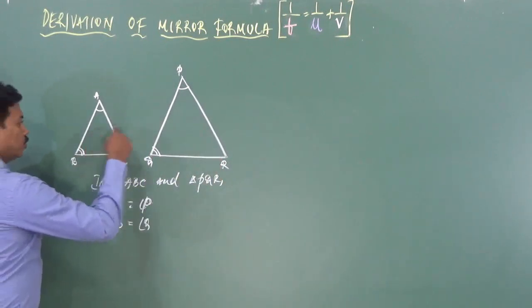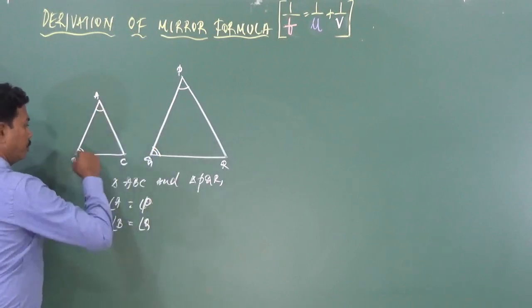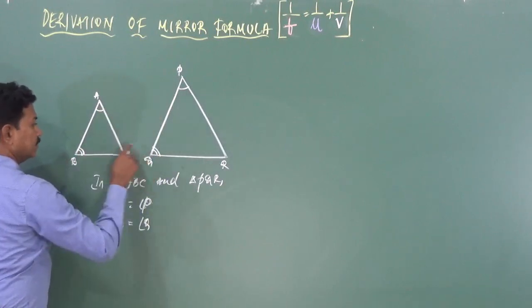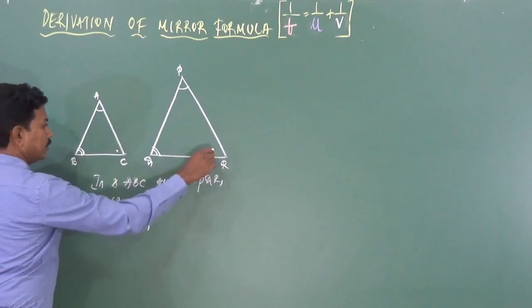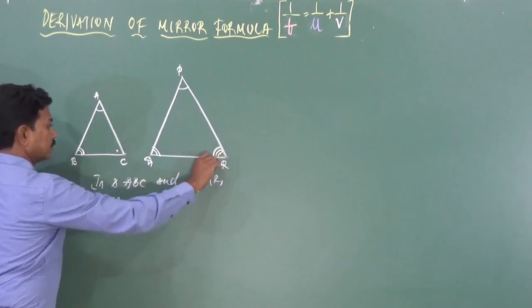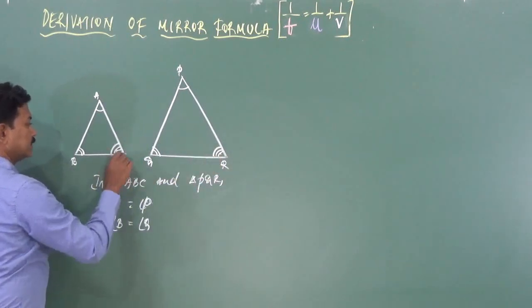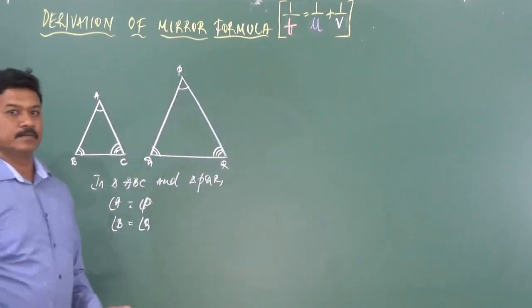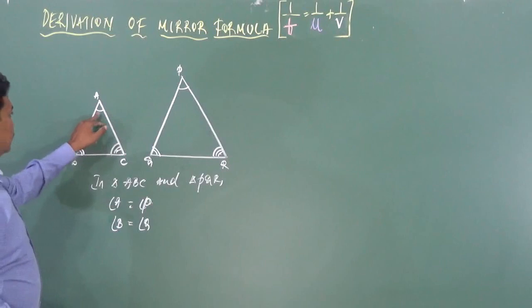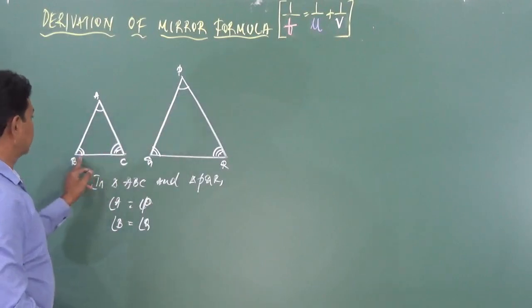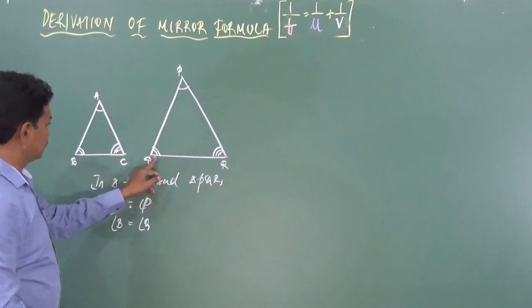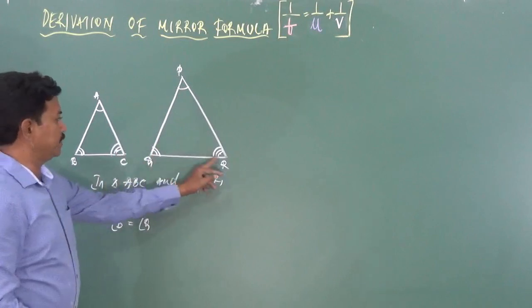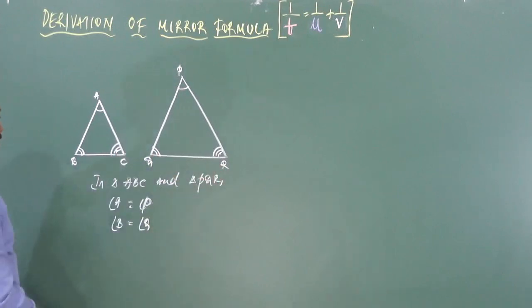So in two triangles, if two pairs of corresponding angles are equal, then the third angle will necessarily be equal. That is, the third angle, angle C and angle R, will be equal, because in this triangle this angle is equal to this angle and this angle is equal to this angle. Therefore, this angle should be equal to this.